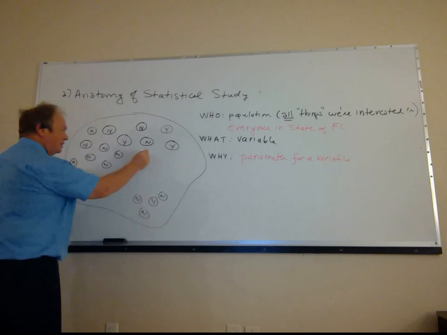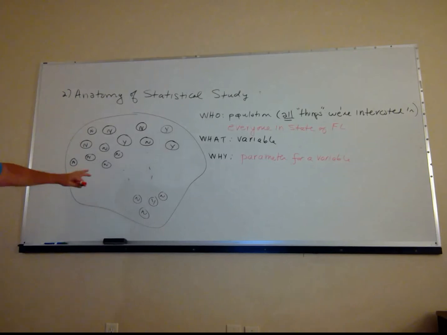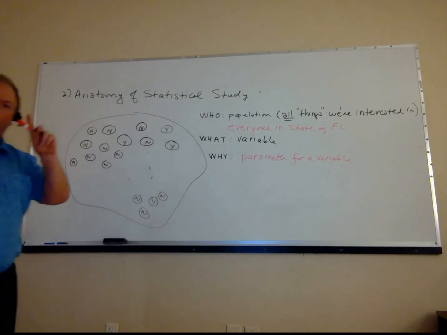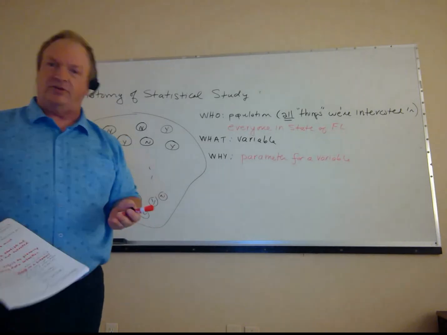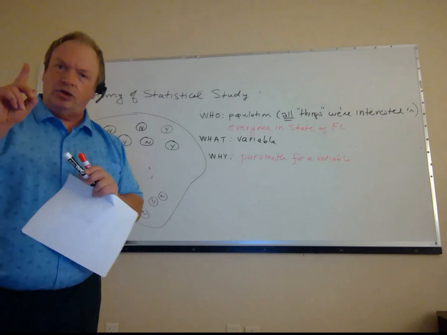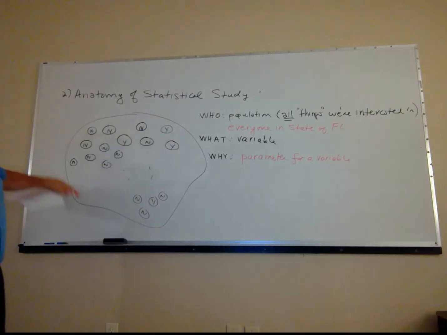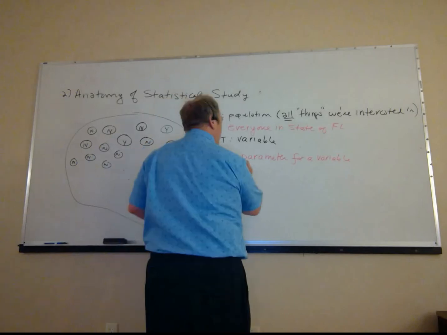And, dot, right? If I could know for every single person whether or not they would test positive, what is the one number I would want to compute from all of those yeses and nos? That's what the parameter is. It's the one number you would compute if you had the value of all the variables in the entire population. So the parameter comes from the population.